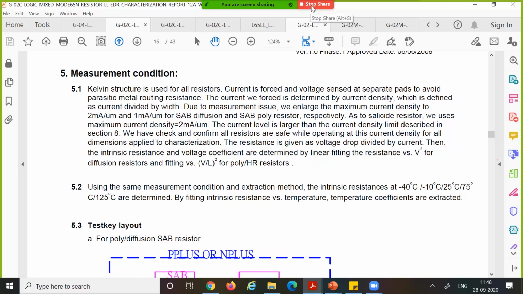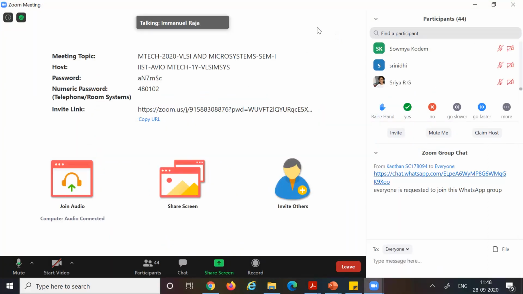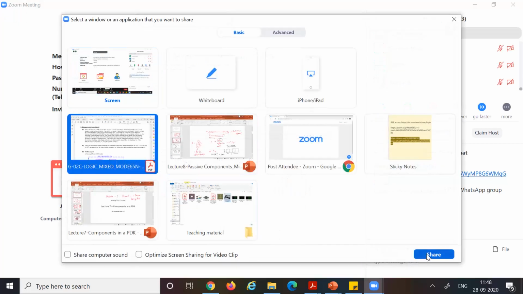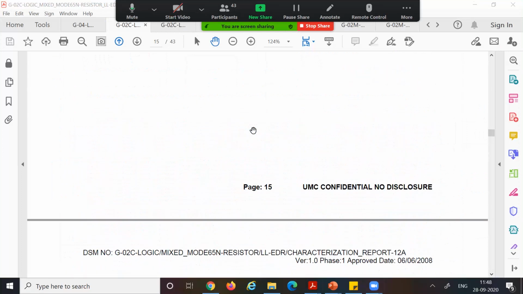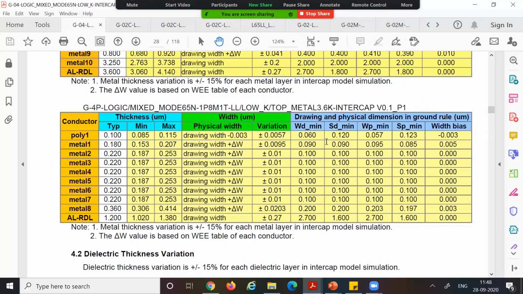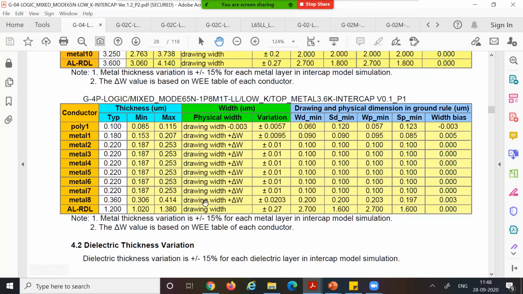Someone had a question. Sir, how is delta W calculated? So delta W, as I showed here, for each metal layer or for poly, there is some variation which is possible.